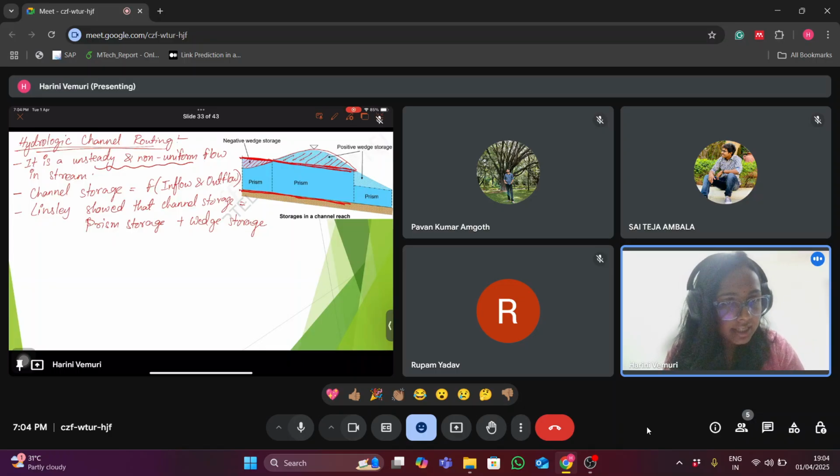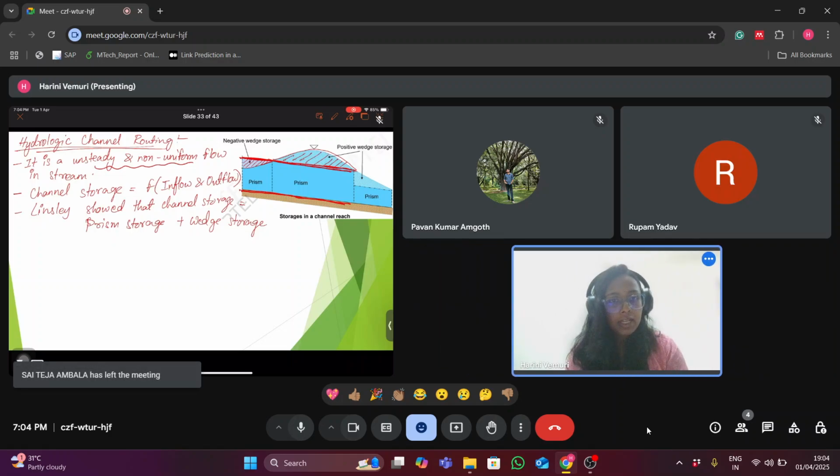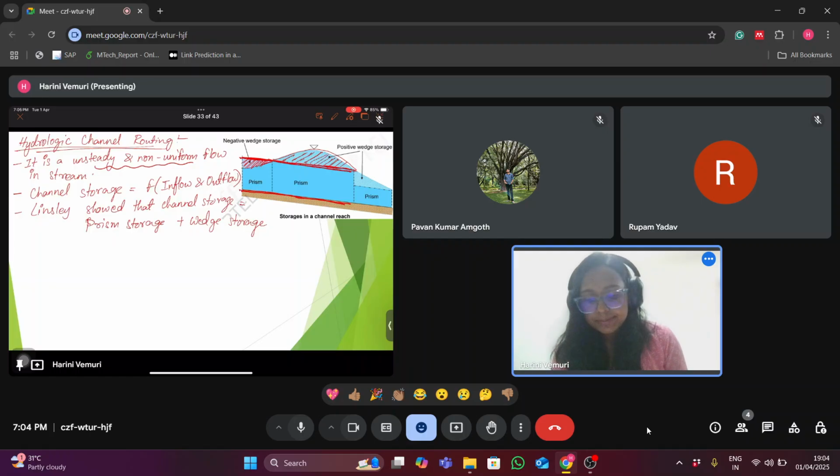So this will vary at each location. Okay. And it can be both positive or negative, but prism storage is always positive. So when there is no storage, there is a negative storage here for the wedge case. And when there is more storage than the prism storage, we have a positive wedge storage. Okay. I hope this part is clear. And here prism storage SP is a function of only outflow.